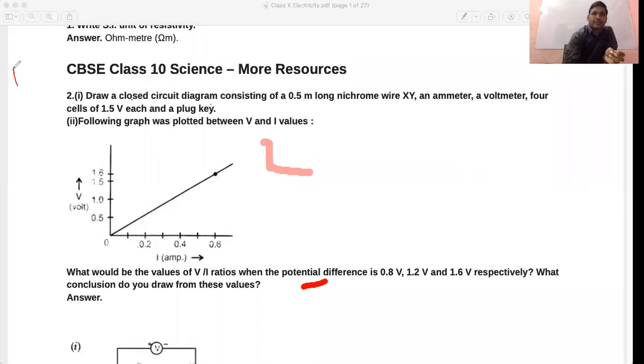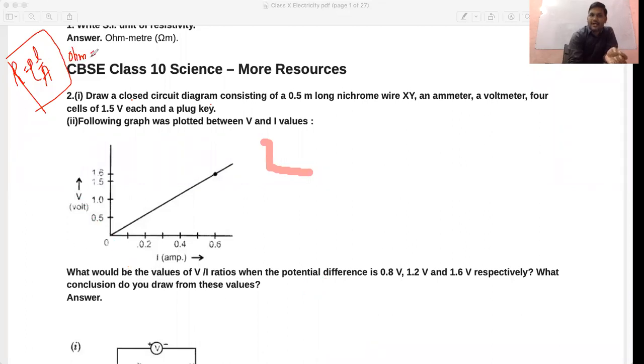Okay. So you know well R is equal to rho L by A, isn't it? So you have to calculate the unit of rho. The unit of resistance is ohm, isn't it?